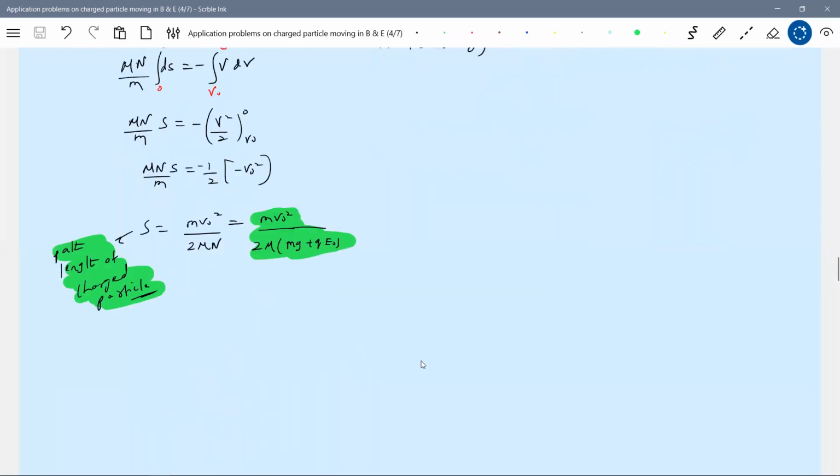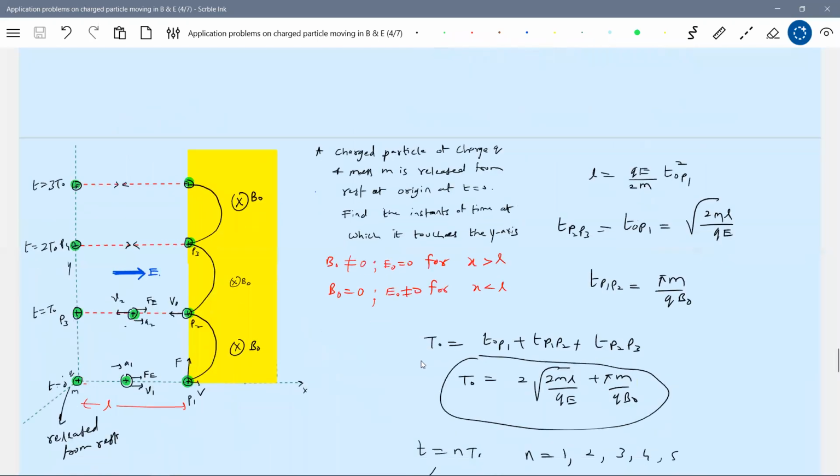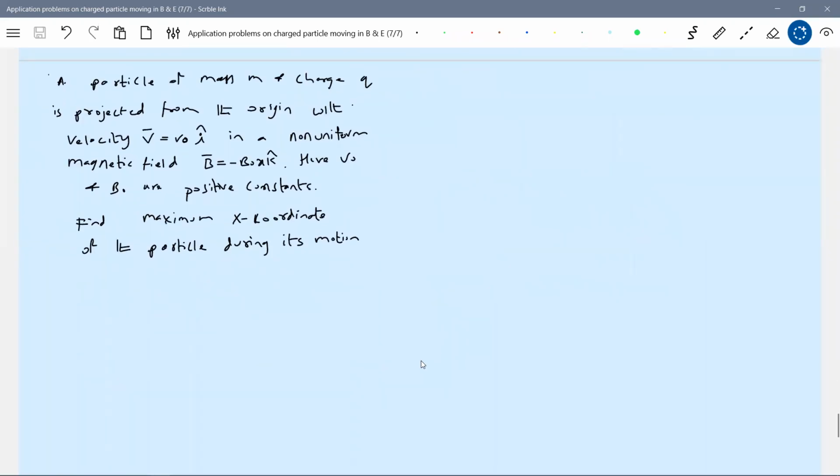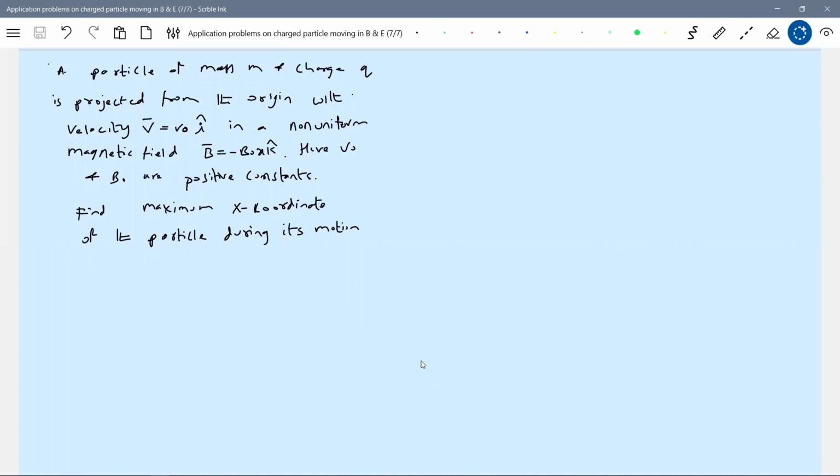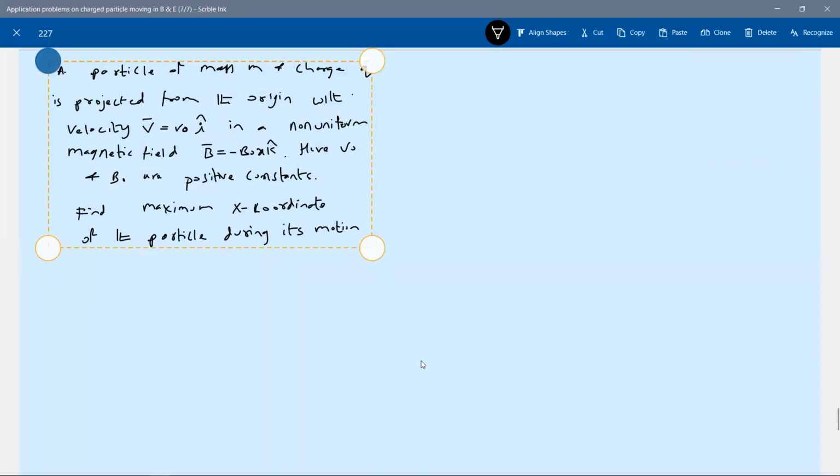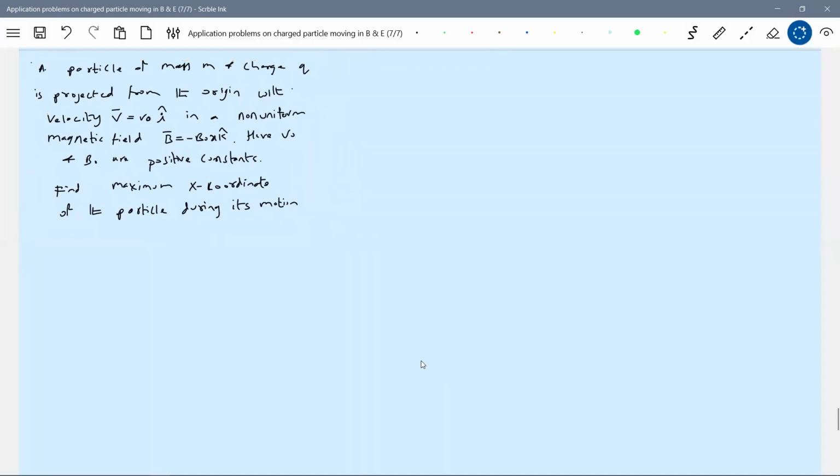So one more we have. A particle of mass m and charge q is projected from origin with a velocity v equal to v naught i cap in a non-uniform magnetic field B equal to minus B naught x k cap.